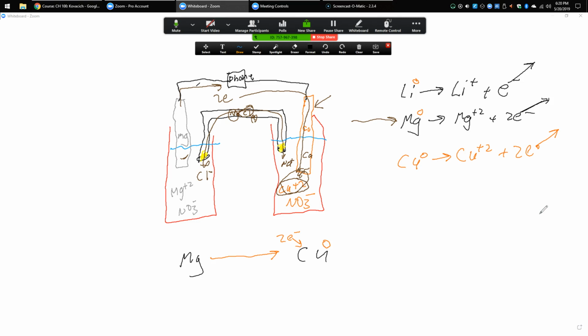So I'm looking for something called an oxidation table or an activity series. Do either of you guys see it? Yeah, totally in the wrong chapter. There we go. What's it called again? It's either an activity series or an oxidation table.